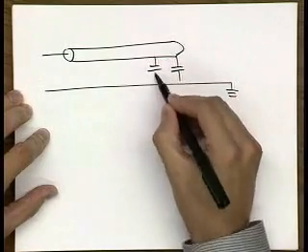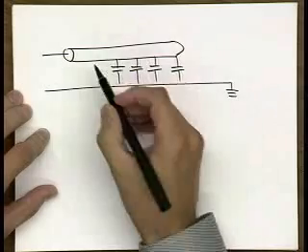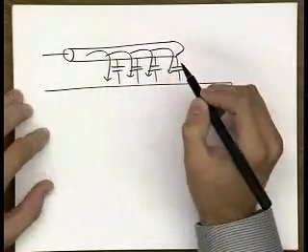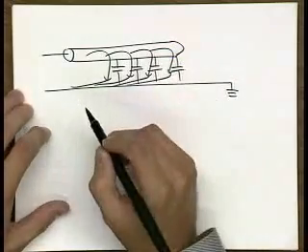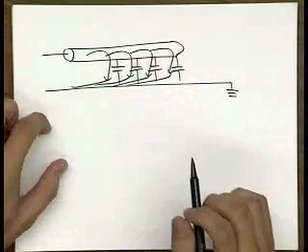Now you have a bunch of these distributed capacitances and so on, and then you have currents going through these capacitances and going back through this ground plate.